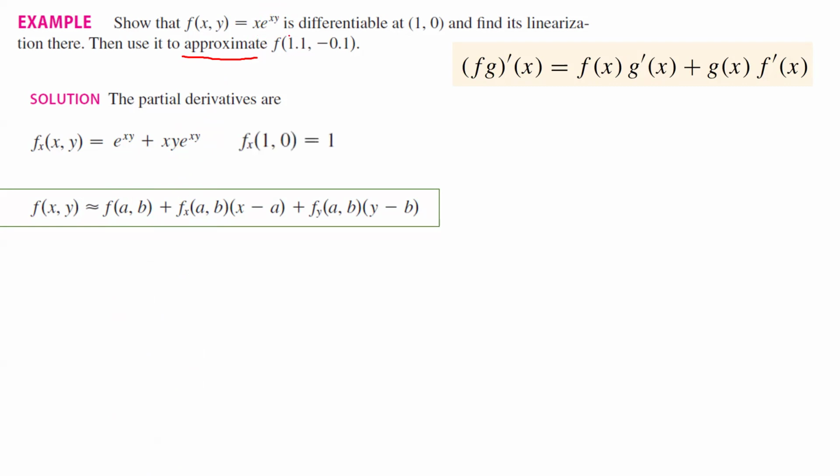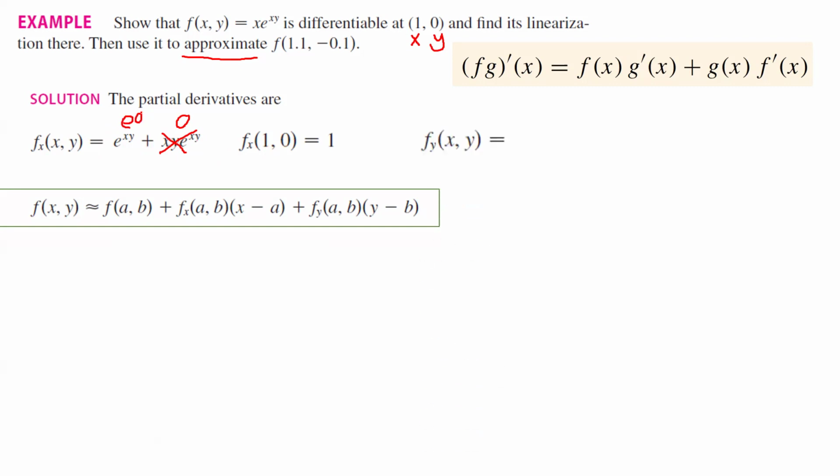Now, if you plug in 1 and 0, because the question says find the linearization when x is 1 and y is 0, you get e to the power 0, which is 1, and the second term disappears because it has y equal to 0 in it. So this becomes 0, and here you have e to the power 0, which is basically 1.